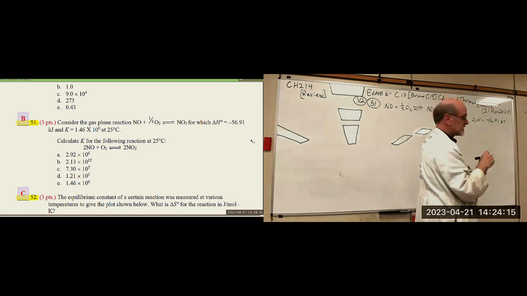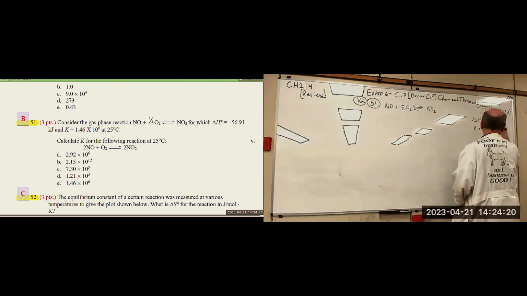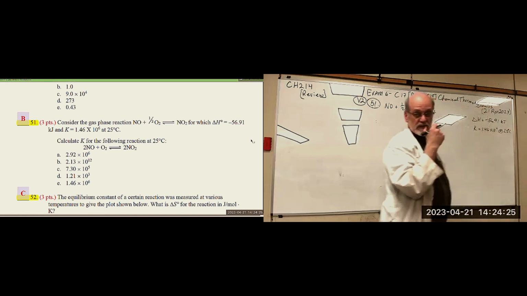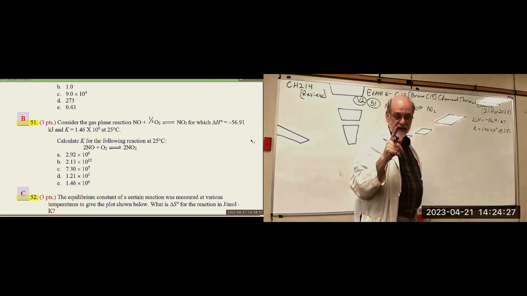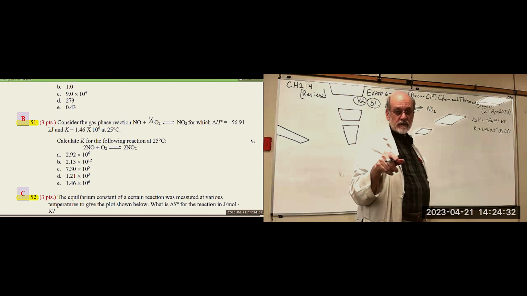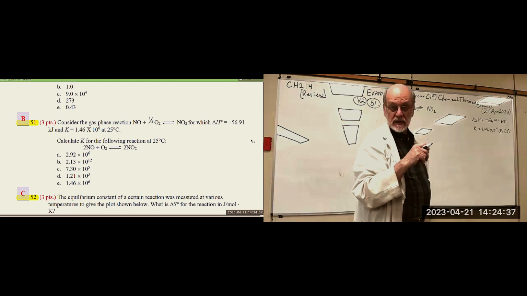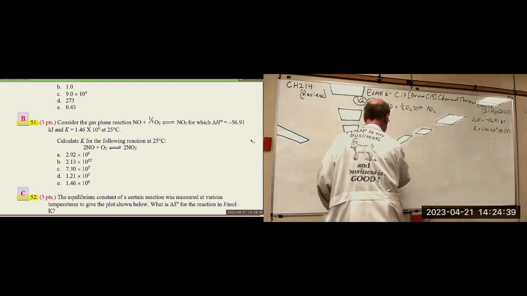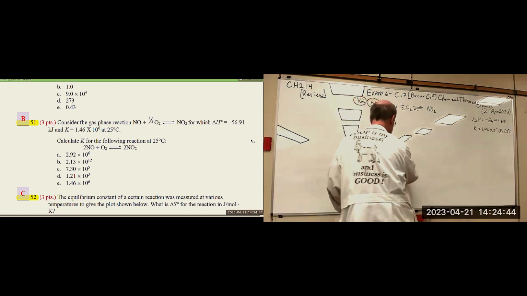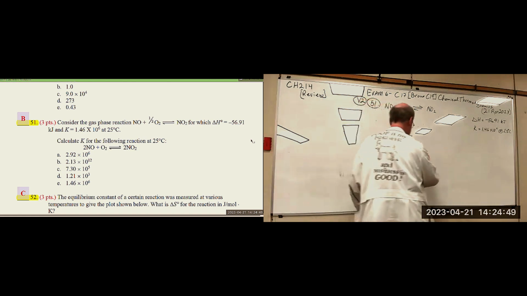K is 1.46 times 10 to the sixth at 25. And we want to calculate the K for the following reaction at 25 degrees: 2NO plus O2 yields 2NO2.